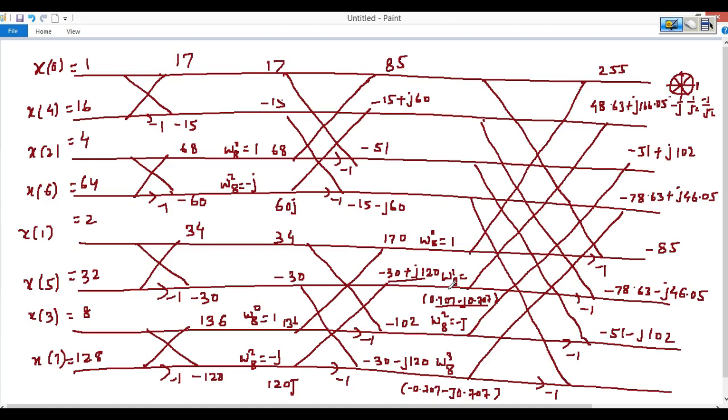And for x of 7, if we multiply, similarly we will get 48.63 minus j into 66.05. So this is your final answer. This is x of 0, x of 1, x of 2, x of 3, x of 4, x of 5, x of 6, and x of 7. This is your frequency sequence. So thank you for watching.